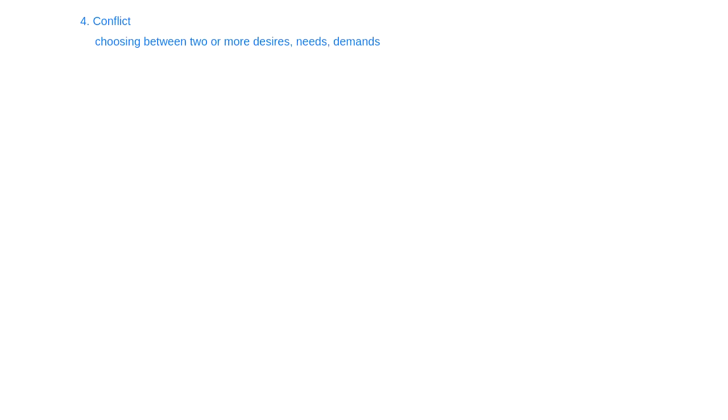For example, choosing to study for an exam or going out to a party. That's conflict. You have two things that are demanded of you, and you can choose either one.